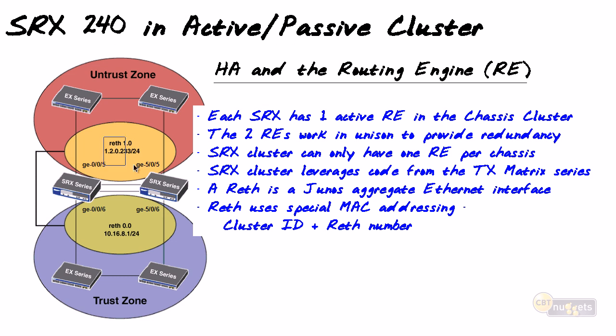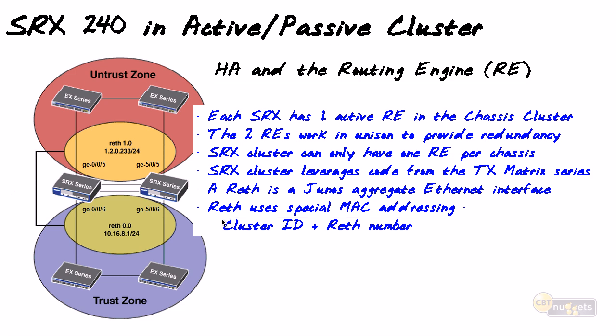Now, going back to this concept of the RETH, or the redundant interface, this is a Junos aggregate Ethernet interface, and it has its own special MAC addressing that's assigned to it. We see here that we've got a network load balancing type IP address that gets assigned. This is what all the upstream and downstream hosts are going to see, but it uses a special MAC address, which is a combination of the cluster ID and a RETH number.